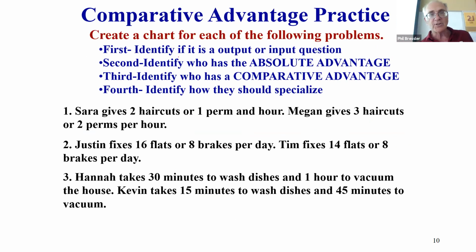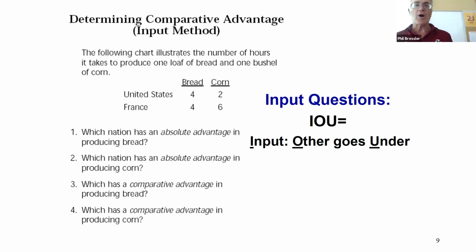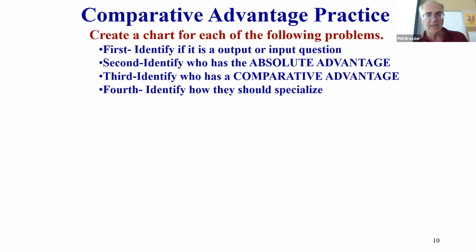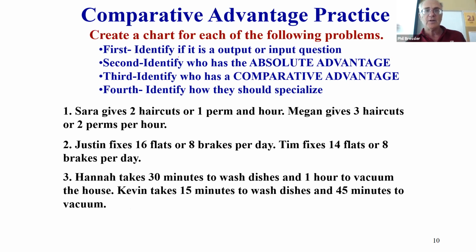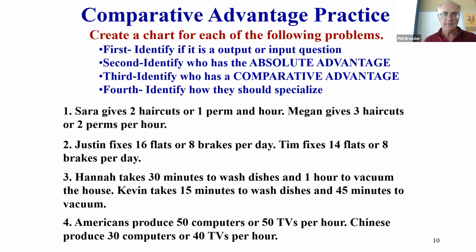You guys are smarter than me, but I would set up the charts like this, using the information in these problems. Third is who has the comparative advantage, and whoever has the comparative advantage is going to specialize. If you do 1, 2, and 3, you should be fine. I'll give you 4 or 5 minutes to do them, like a minute each. If you have a question or you're stuck, just yell out to me. Don't worry about it.